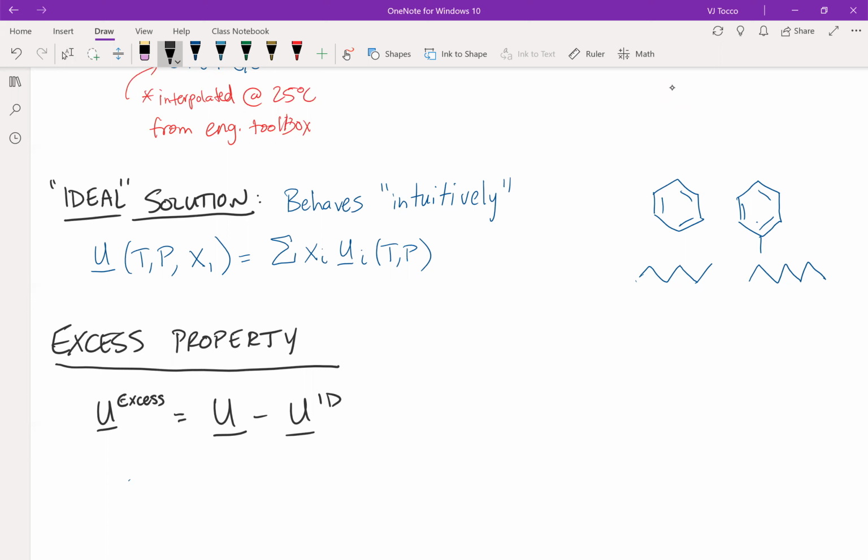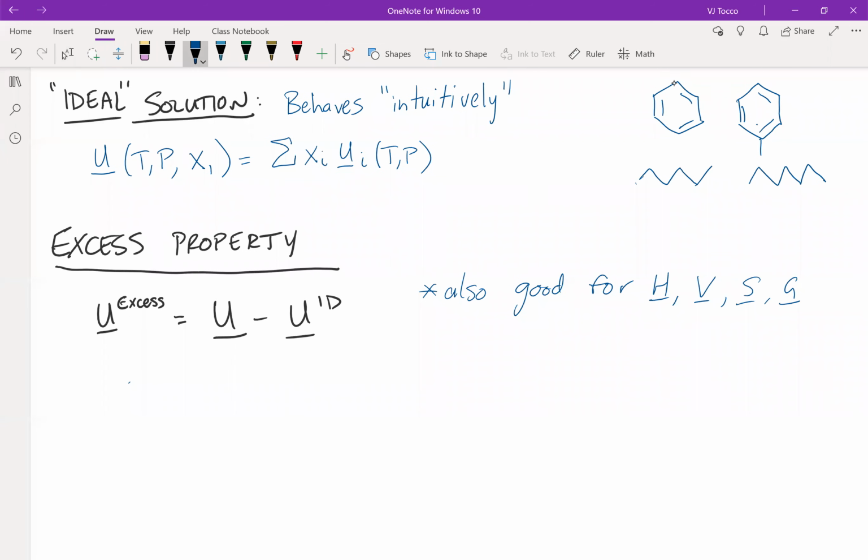So importantly, if the excess property is 0, you get back your ideal solution once again. I just wrote it here for example in terms of internal energy, but this is also good for enthalpy, molar volume, entropy, and Gibbs.